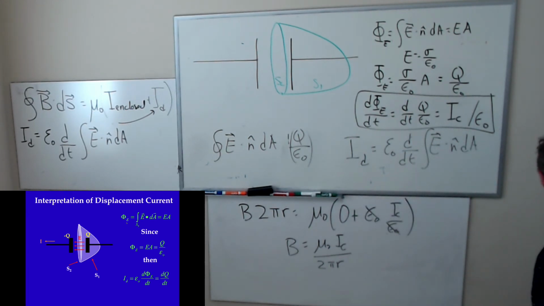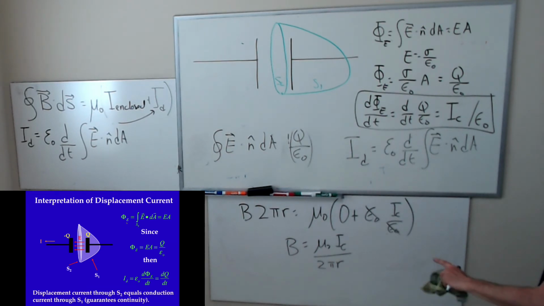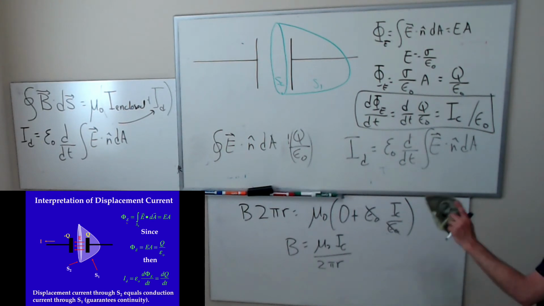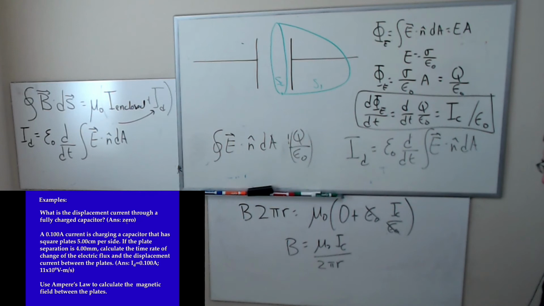No difference. And the displacement current through S2 is equal to the conduction current through S1. And that guarantees continuity. That takes into account the fact that I have a source inside my surface.